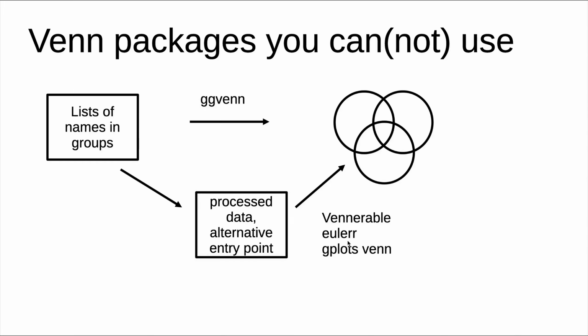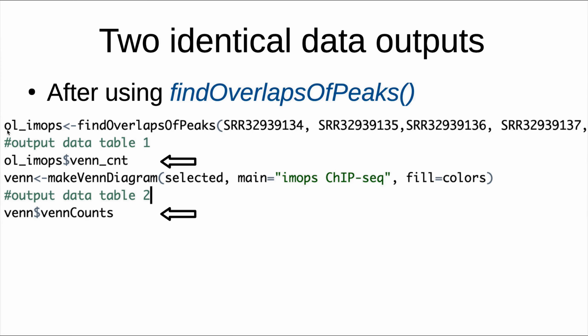And Vennerable, Eulerr and gplots Venn can do this. You can theoretically try to use them, but then the question is, what can you fit in and out? Inside ChIPpeakAnno, as soon as you use the function findOverlapsOfPeaks, it will silently generate a table of overlaps under this extension, Venn cnt, which stands for count.